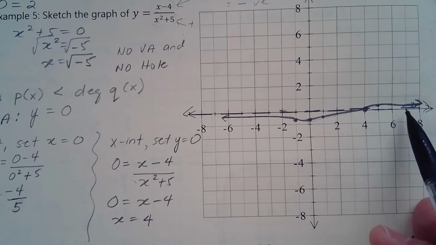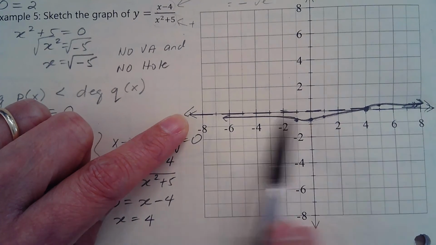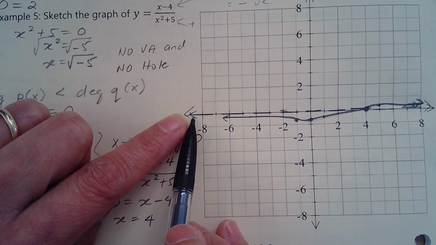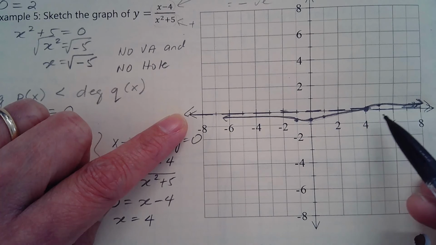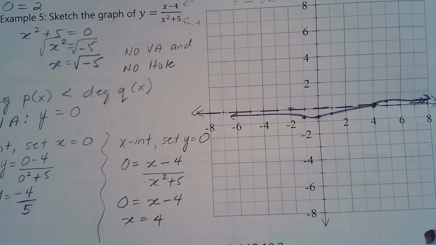It's going to be getting closer and closer to the asymptote. So this is still an asymptote because as it continues to the left, it gets closer and closer to the asymptote, and as it continues to the right, it gets closer and closer to the asymptote. Is this pretty rare in the world of calculus, or is this going to be pretty common?